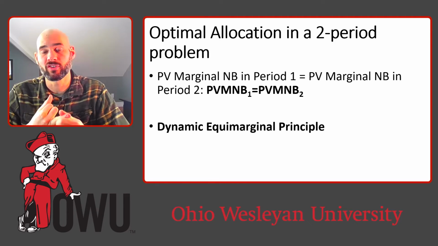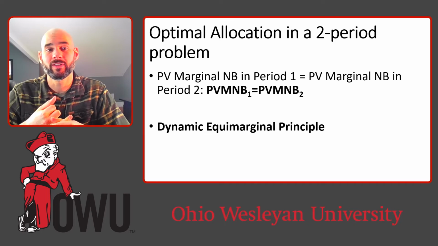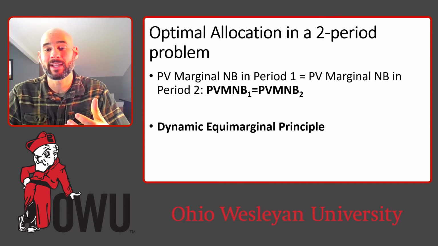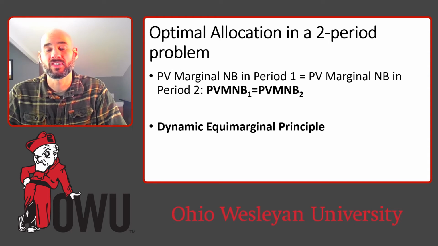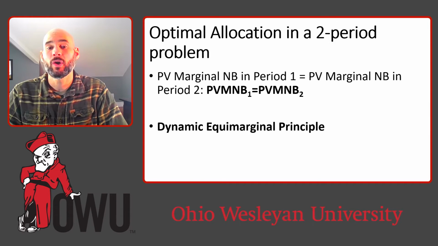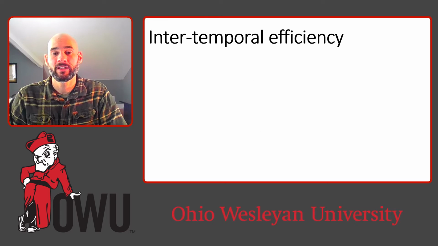We had our second equimarginal principle that we're going to minimize the total cost of pollution abatement when we set the marginal costs equal across firms. And now we have our dynamic equimarginal principle, which is going to state that our present value of our marginal net benefits across all time periods is going to be maximized when our present value of the marginal net benefits in each time period is equal.